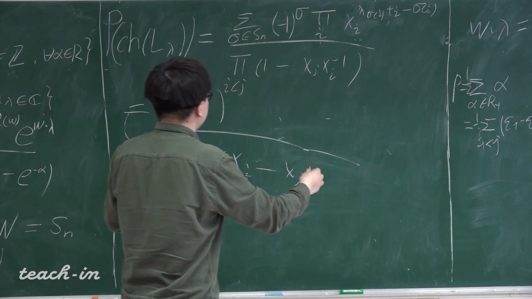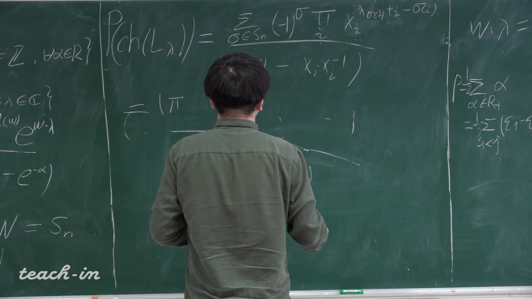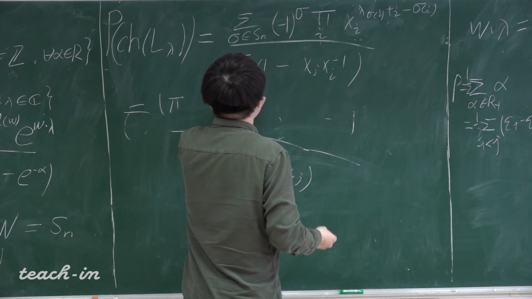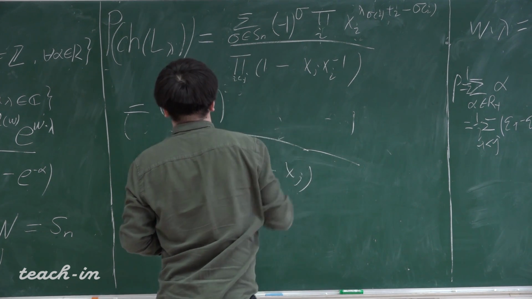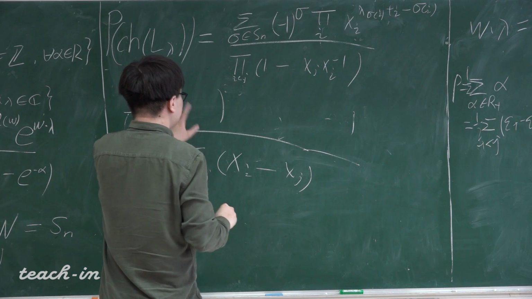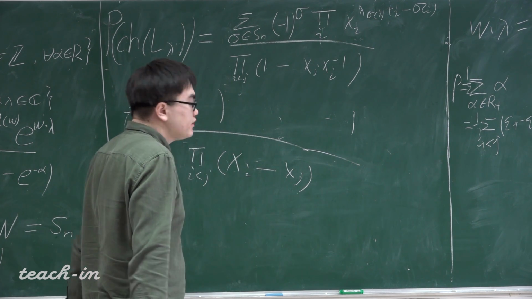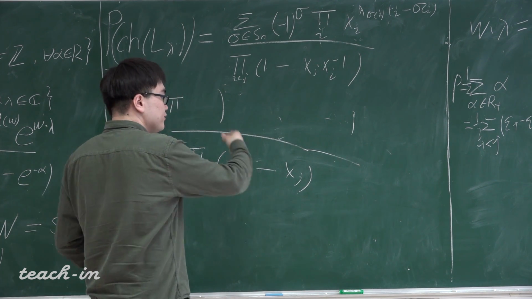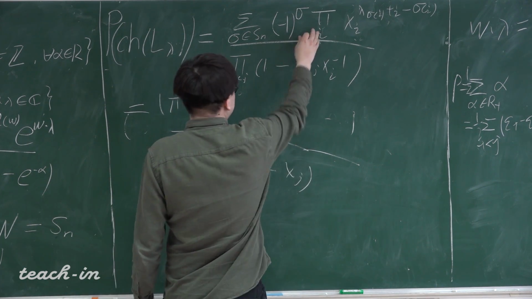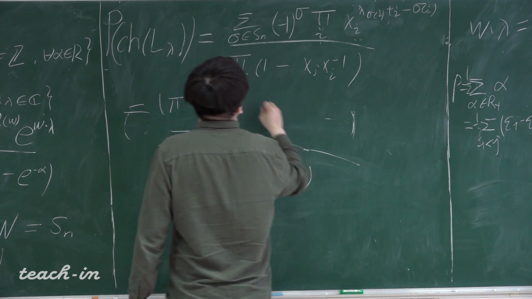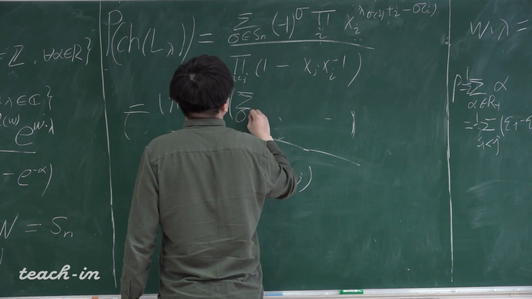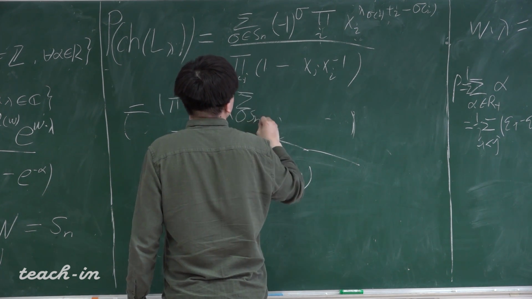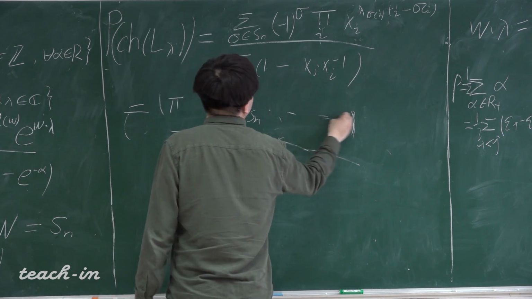The product of xi's over i less than j, right? There is maybe some coefficient. I need to count something again. But here it is still the same thing.